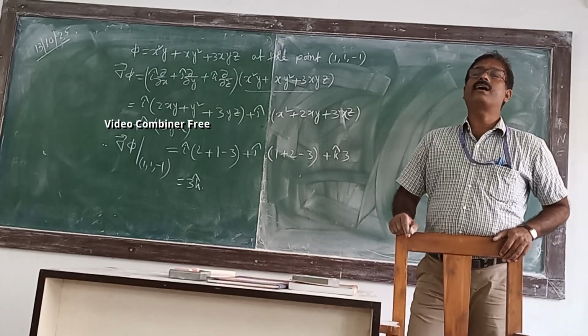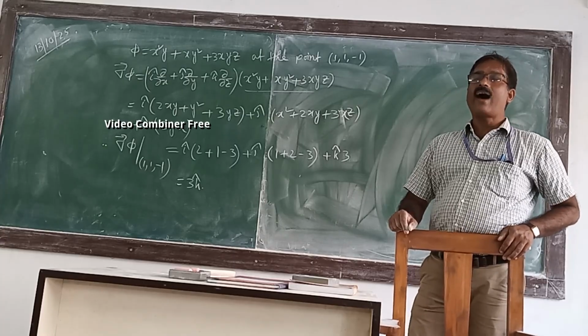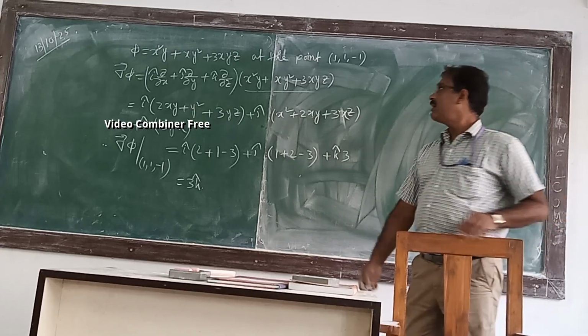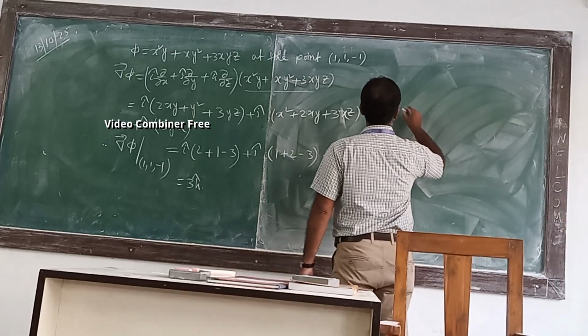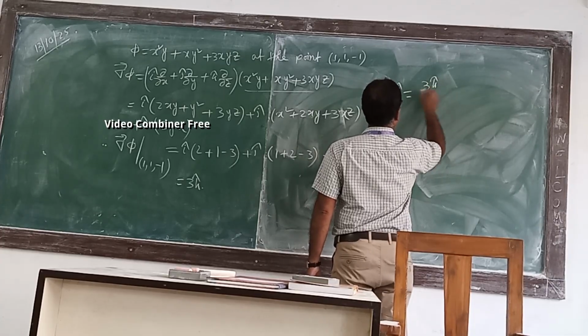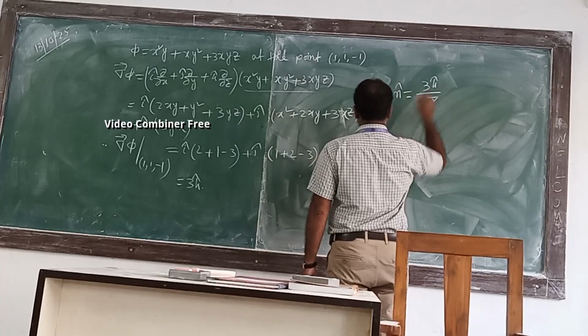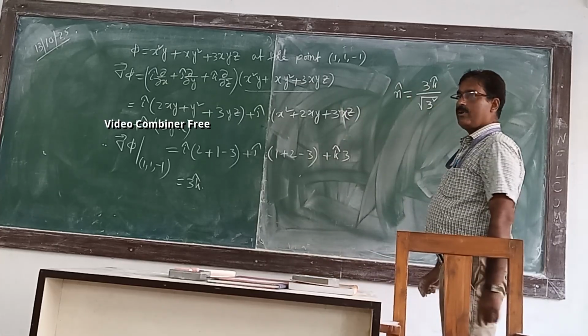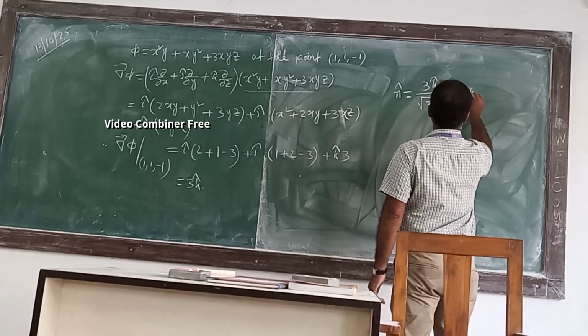Therefore, n cap equals 3 k cap by root over 3 square, which equals k cap.